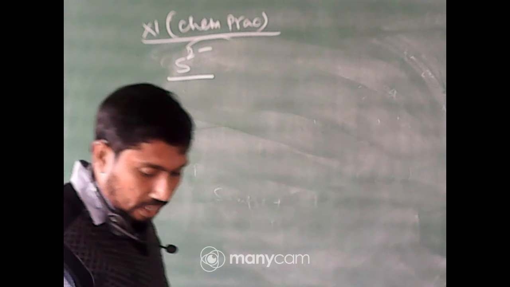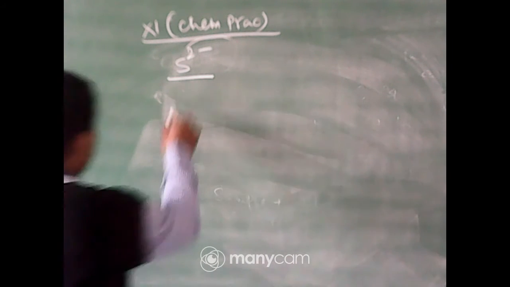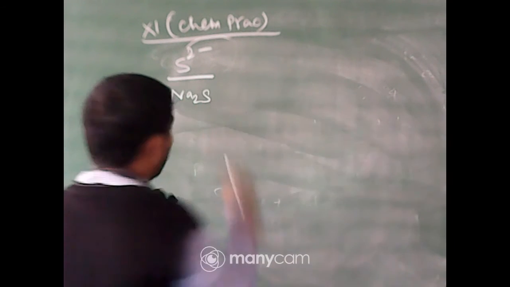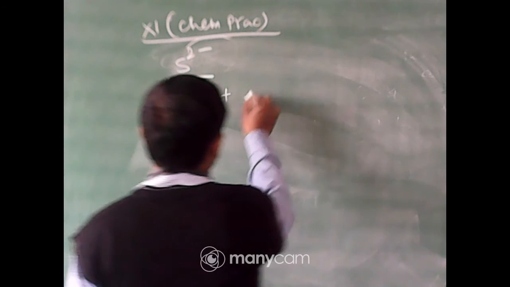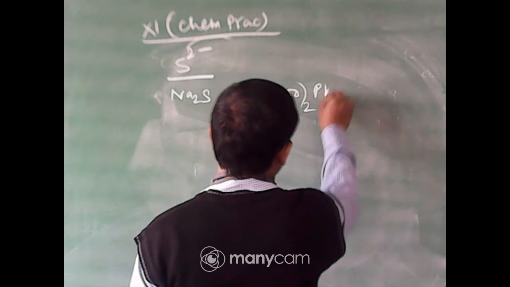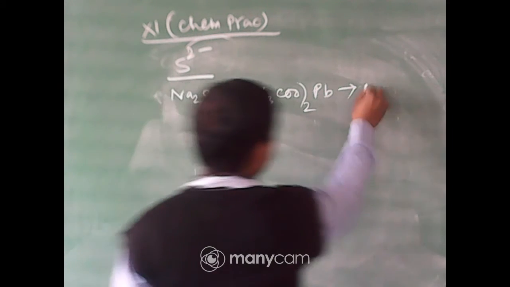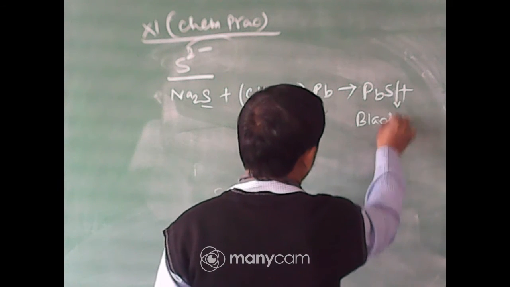Now what are the reactions involved in this test? So first of all, I have taken as sample sodium sulphide, Na2S, it's having Na plus and S2 minus. Now, when it is tested with lead acetate, it will produce a PPT of lead sulphide, which is black in color.